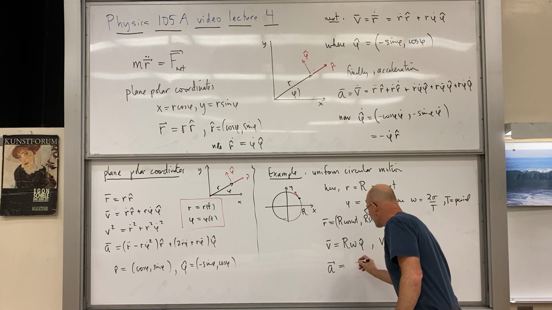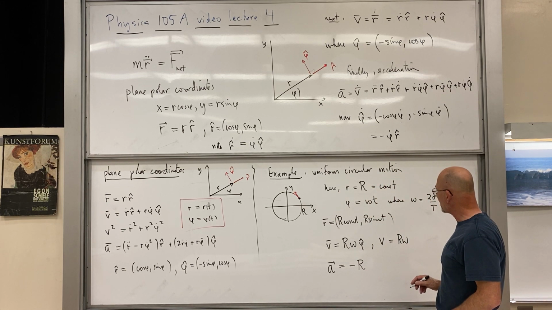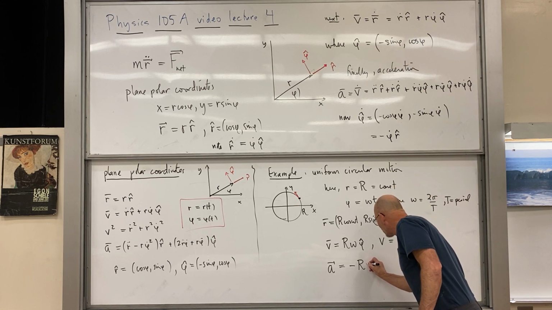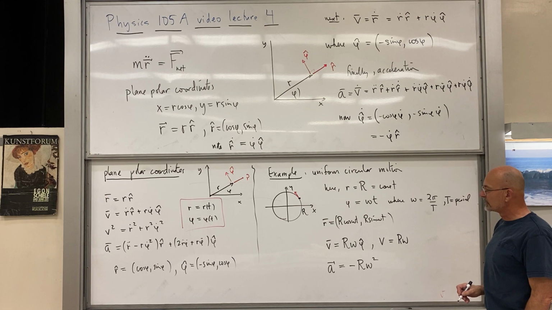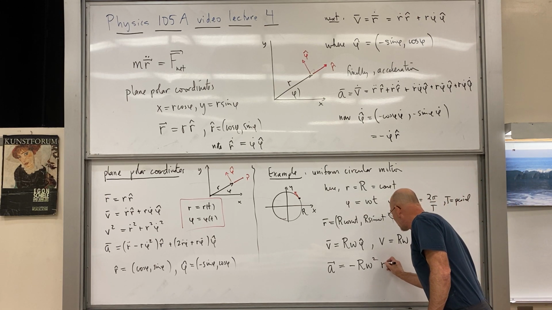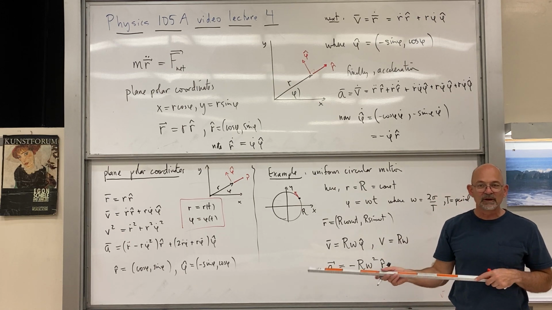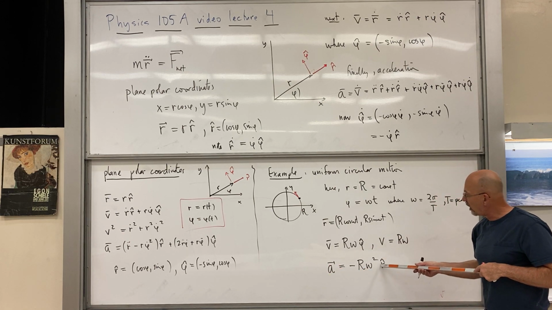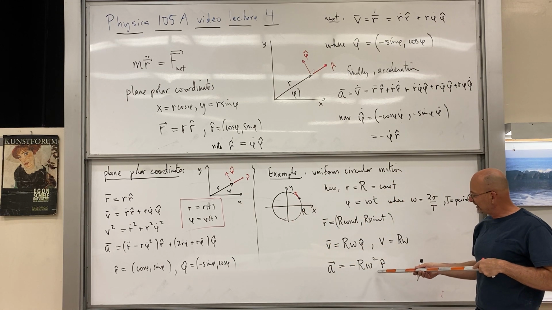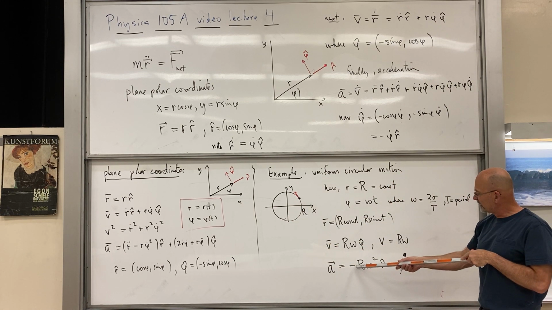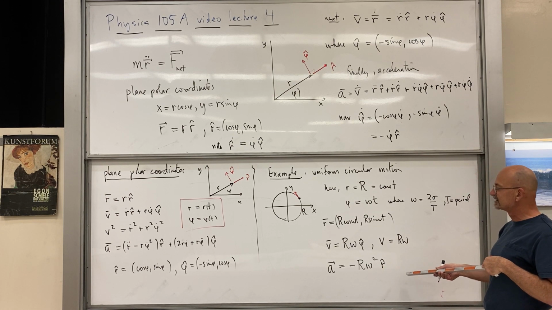So in this case, we end up with minus R, and remember phi dot was omega, so R omega squared. And what about the direction? r hat. So this is your centripetal acceleration that you guys learned about in the past. r hat points out, minus r hat points in towards the center, and this minus R omega squared is the acceleration.